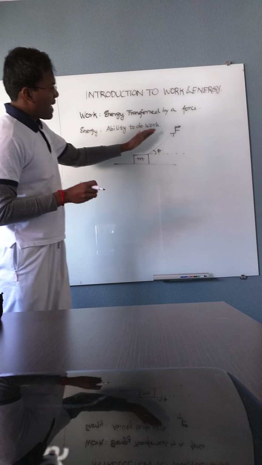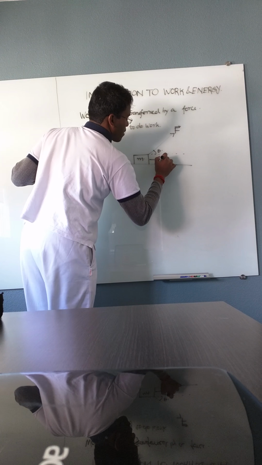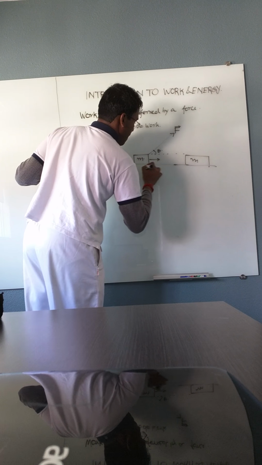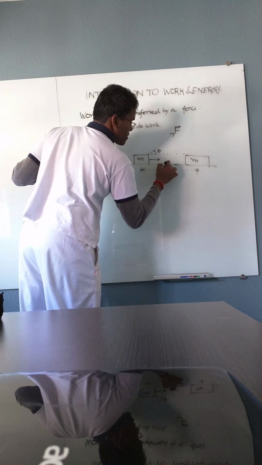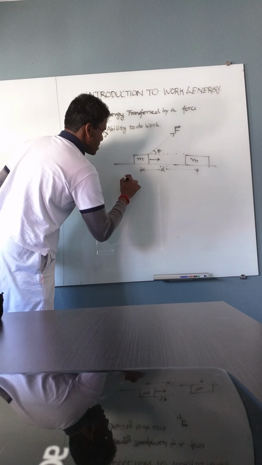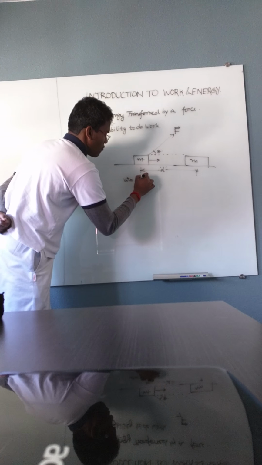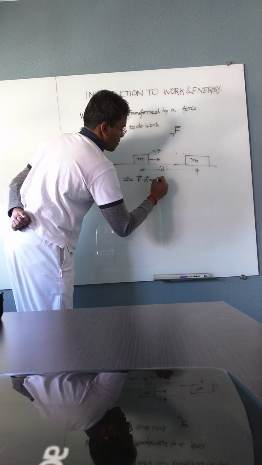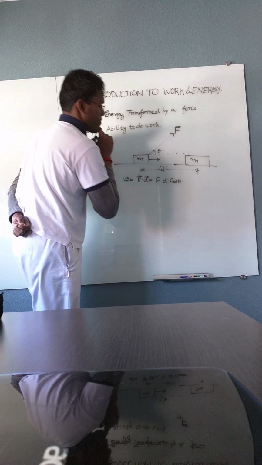When we pull at an angle theta, the mass moves along the ground, and suppose it has moved a distance d in this direction. So this would be the displacement along this direction. Now what is the work done by this force? Work done by this force would again be the dot product of force and distance, which would be force times distance times cos of theta.